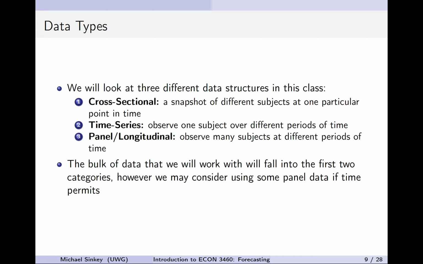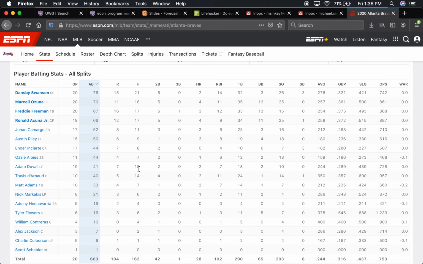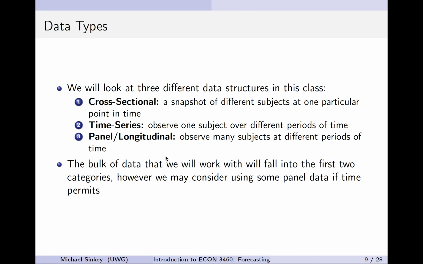So if you think of a longitudinal survey, something where subjects are asked repeatedly, maybe year after year, that is a panel of data. But a cross-section is just at one point in time. So what I pulled up here is a data set, and it's cross-sectional. It's just for Friday, August 14th.